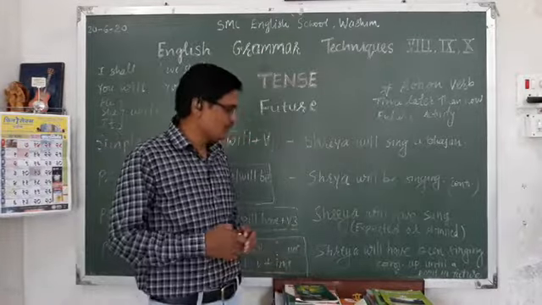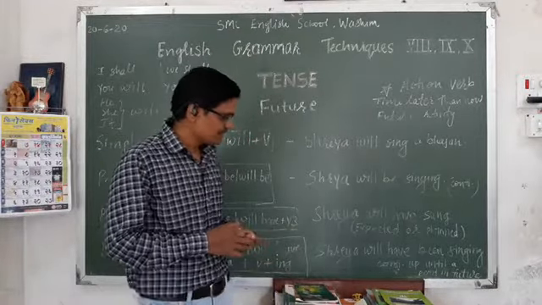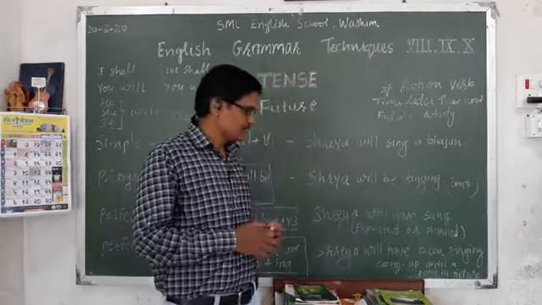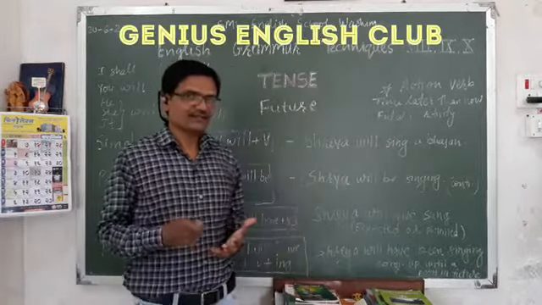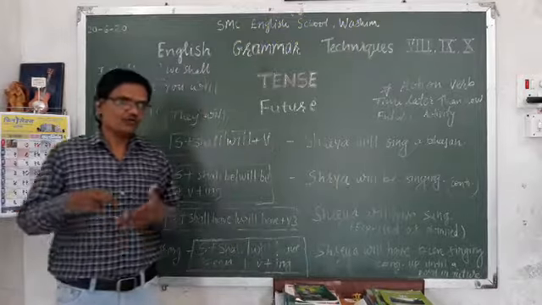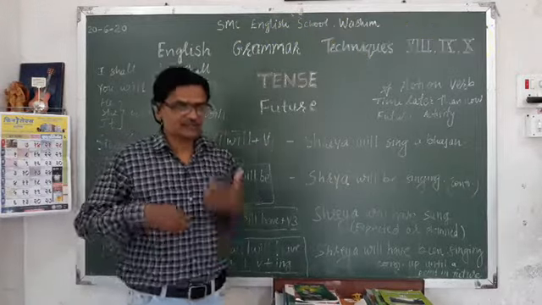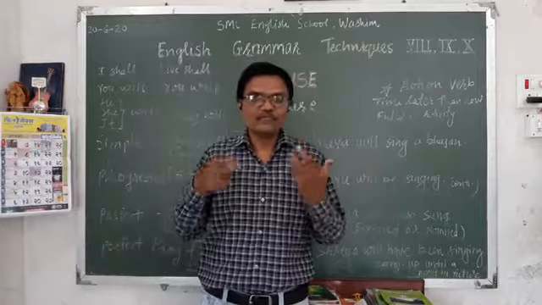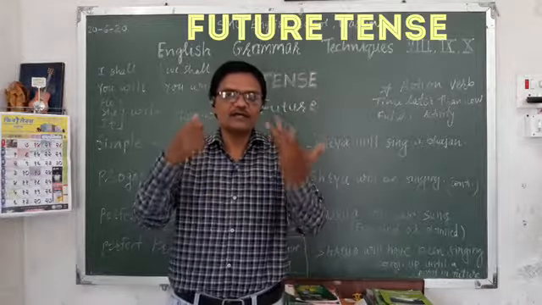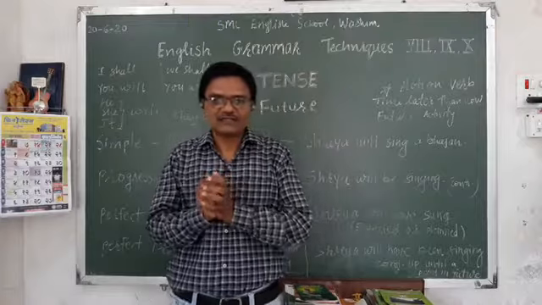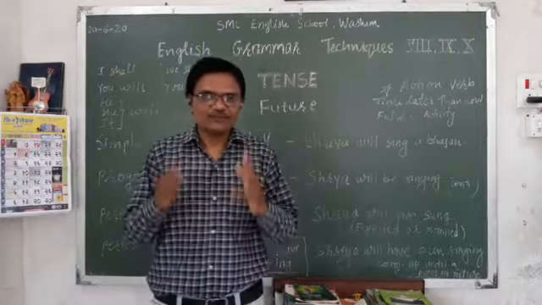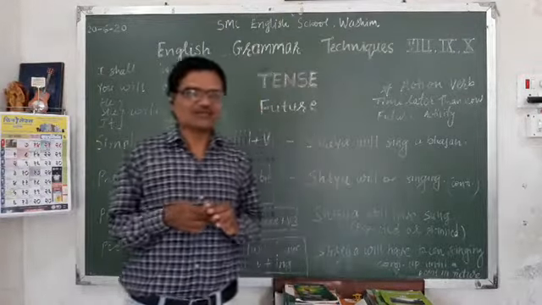Shreya will have been singing a song continuously, right? Shreya will have been practicing a song continuously. Shreya will have been doing the riyaz of music. So that's what the future perfect progressive action is all about.